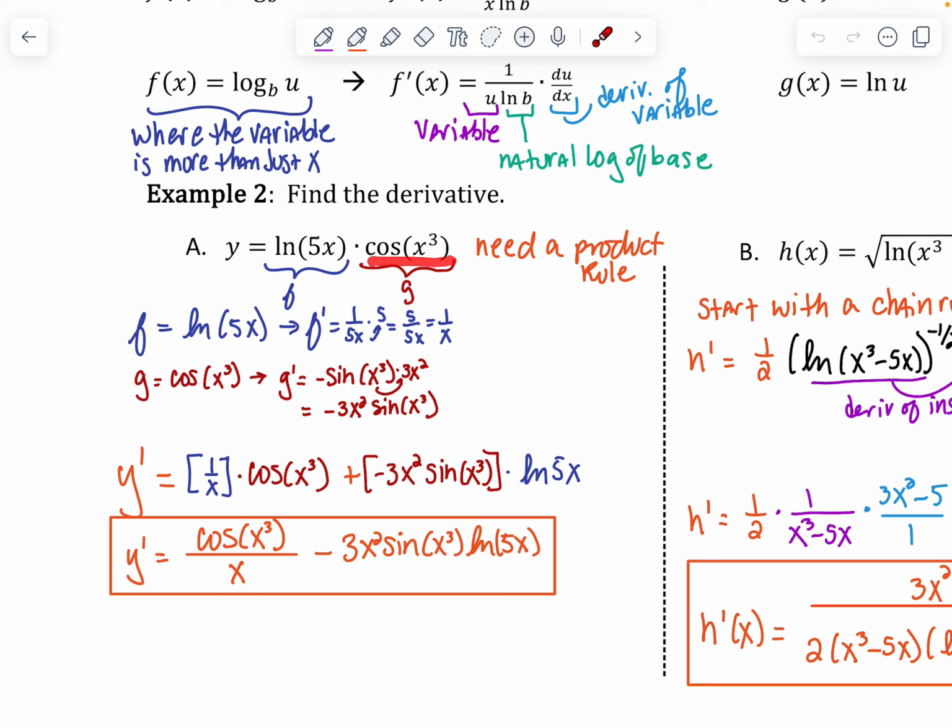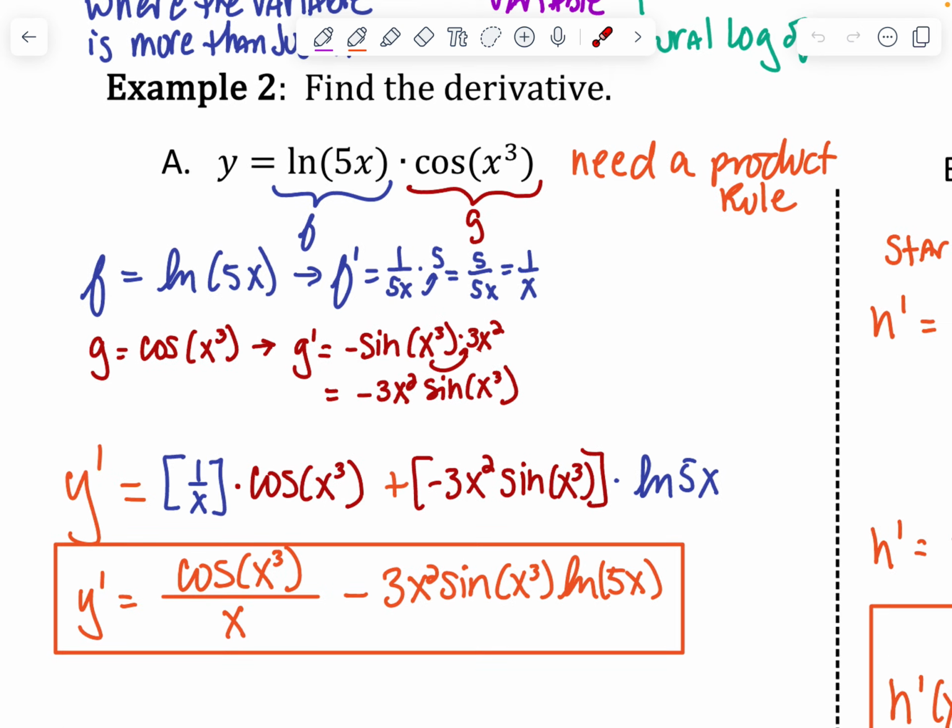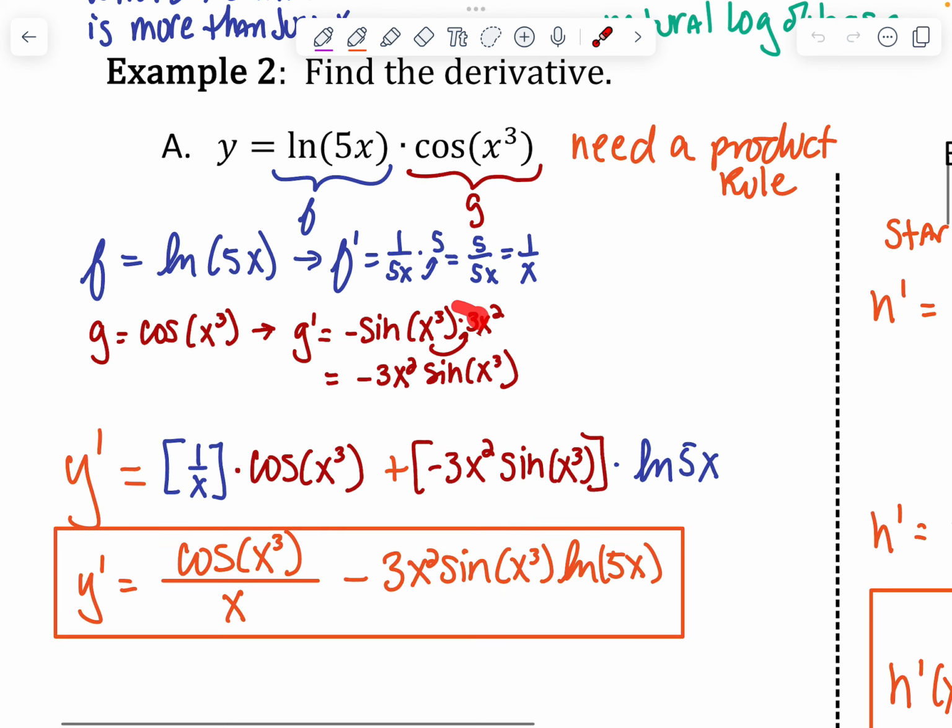When I go to take the derivative of the cosine of x cubed, I know the derivative of the cosine is negative the sine. Whatever the variable was stays the same, but in the event that it's not just x, in our case it's x cubed, I also need to take the derivative of that variable to be 3x squared. So we're going to go ahead and stick that 3x squared out front.